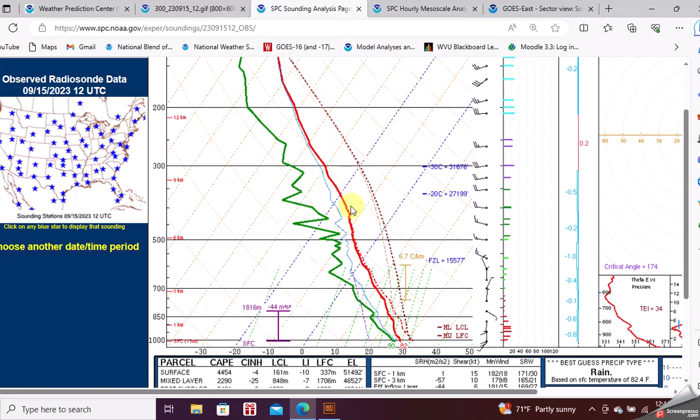That means it's unstable. If I can get this air parcel to become cloudy, I can then lift that air parcel very quickly upwards, all the way up to the tropopause up in here. So you can see stability plays a role in the vertical motion of that air parcel.